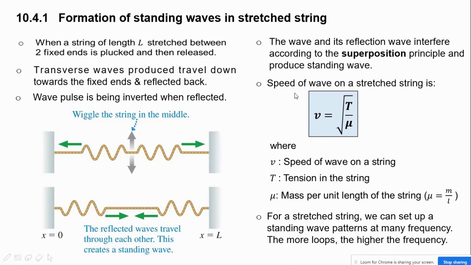The speed of the wave on the stretched string is given by v equal to square root of T over mu, whereby v is the speed of the wave on the string, T is the tension in the string, mu is the mass per unit length of the string with the formula mu equal to m over L. For a stretched string, we can set up standing wave patterns at many frequencies. The more loops, the higher the frequency.